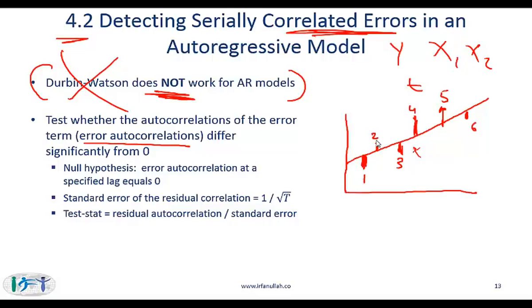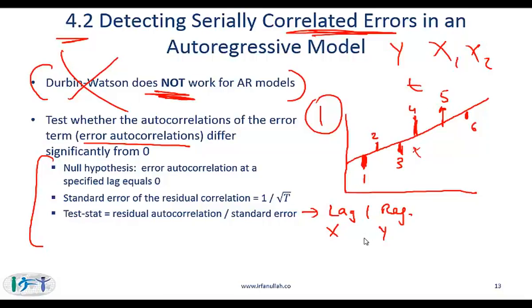If you've really understood this concept of error correlation, then what I'm going to say next will make a lot of sense. What you now do is run a regression of the error terms. So you run another regression now. So this was regression number 1, based on which you came up with the error terms. You run another regression, and let's just call it a lag 1 regression for now. And what do you do in a lag 1 regression? You have a X and a Y. And a simple way of looking at it is you regress error terms against the error term 1 period earlier.